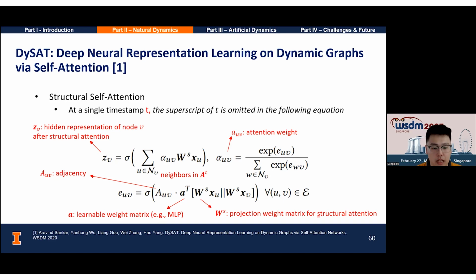Then we have a projection weight matrix for the structural attention, which is W_s. We multiply W_s with x_u and multiply W_s with x_v. Then we concatenate these vectors and pass them through a learnable weight matrix. After this projection, we multiply this with the adjacency matrix to get the initial attention weights, e_uv. After a softmax normalization, we get the attention weight a_uv from the initial one, e_uv.